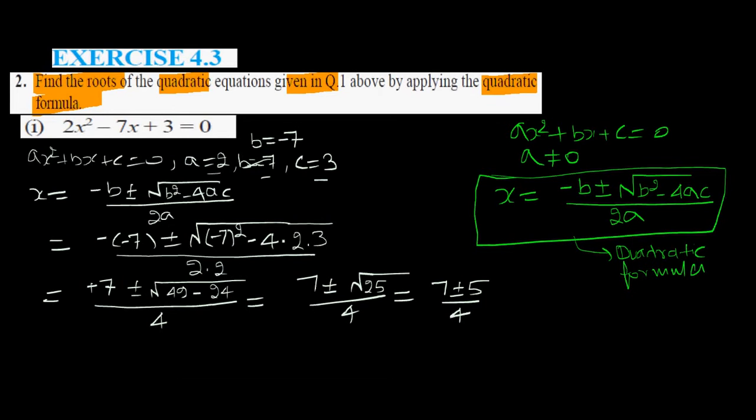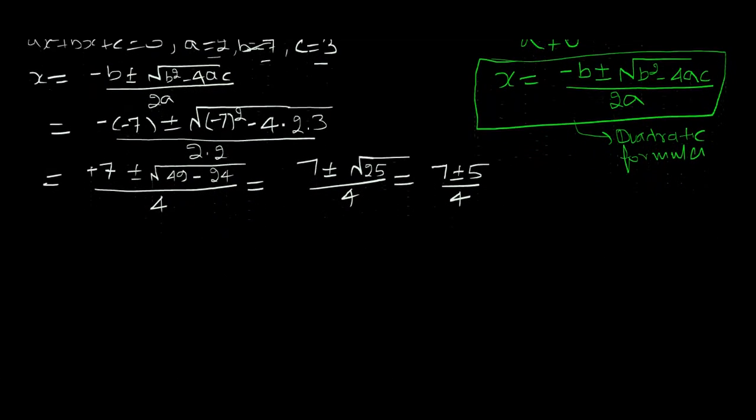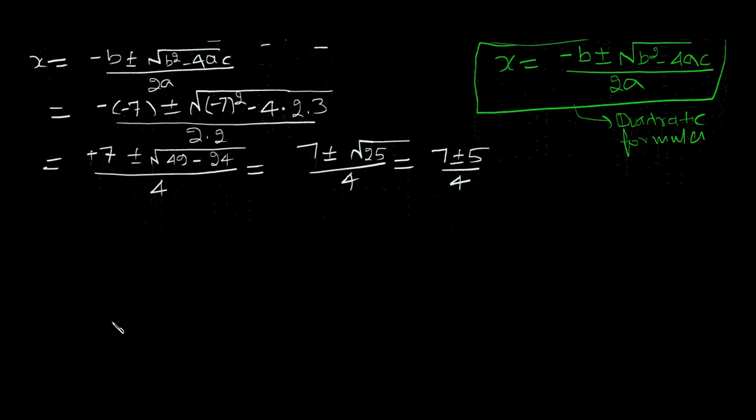Now from here we will find the two values of x, one by using the plus sign and another by using the minus sign. So x is equal to 7 plus 5 by 4, or x is equal to 7 minus 5 upon 4.